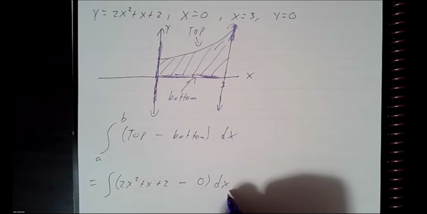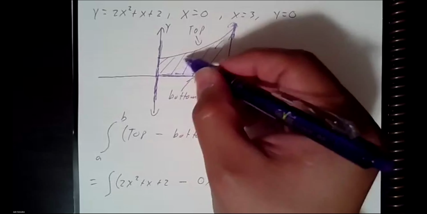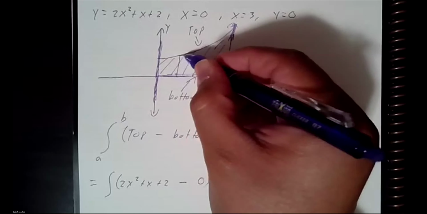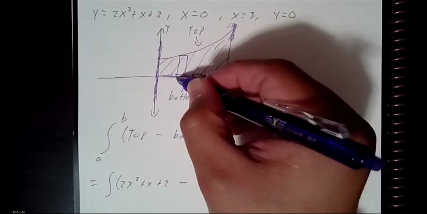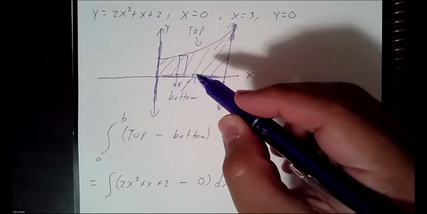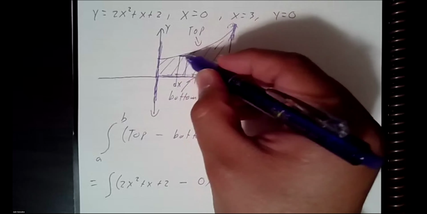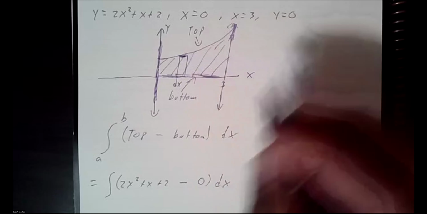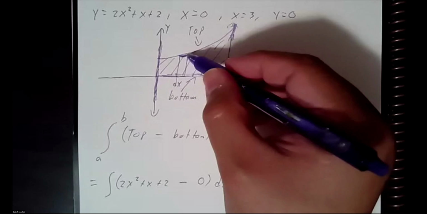And then since we're doing dx, you basically imagine little rectangles, because that's what the integral is. You're summing up a bunch of infinitesimal rectangles. So the width is on the x-axis, right? It's going this way.